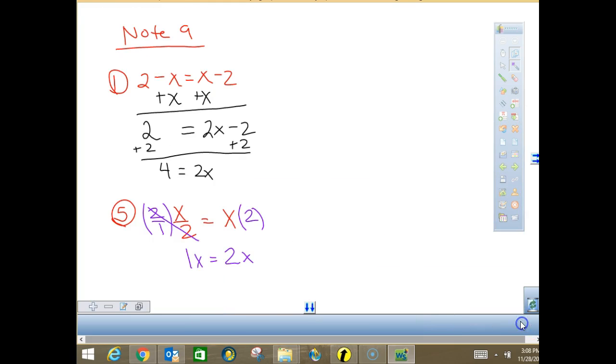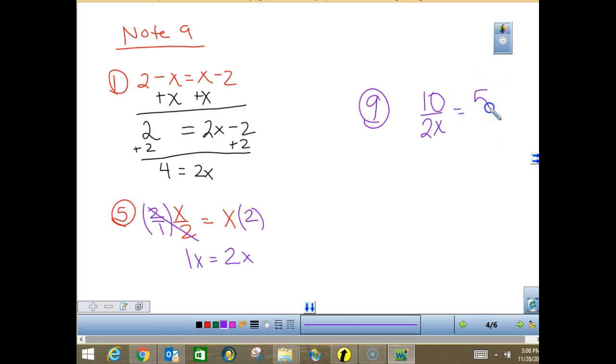So let's look at number 9. We're going to put number 9. It was 10 divided by 2x equals 5, was it? Yeah. Okay. And you said we're going to multiply both sides by 2x. It's going to leave us with 10x.